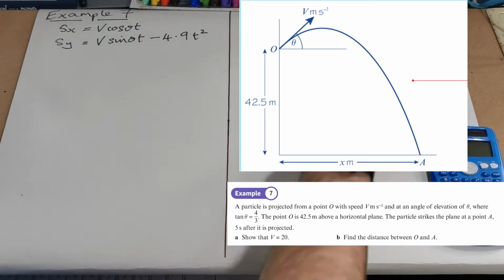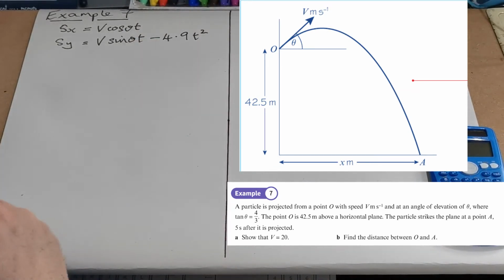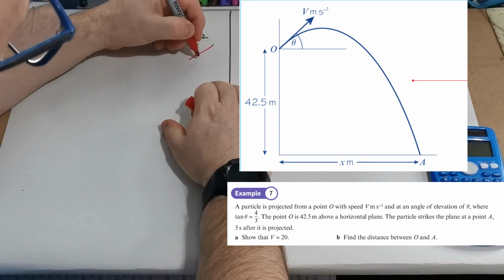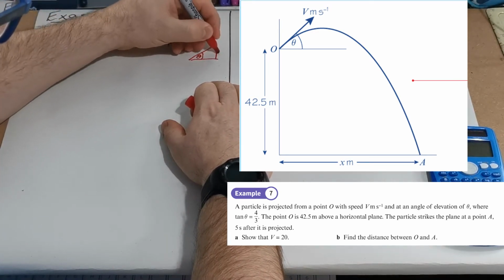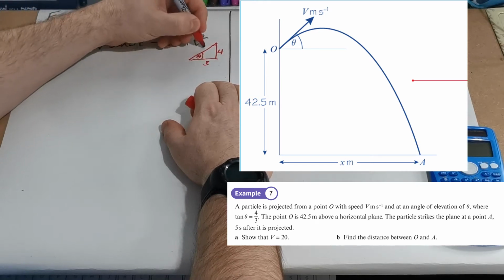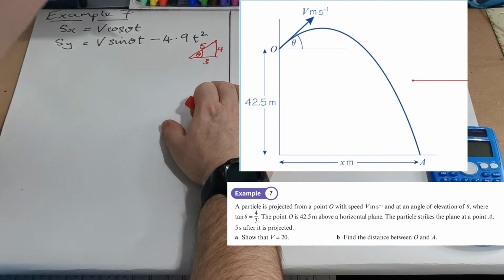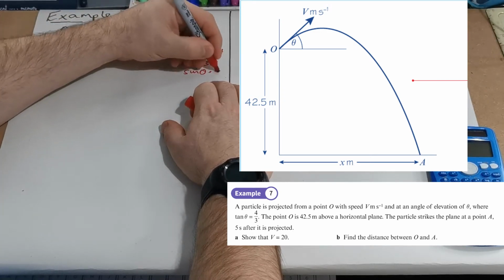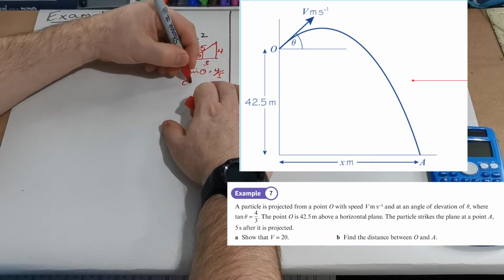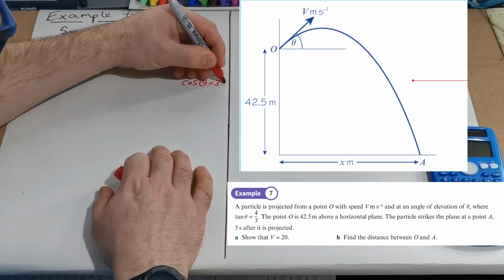Now, some of the first clues that it gives us, it tells us that tan theta equals 4/3. I'm going to look at a little right angle triangle here. Tan theta is 4/3. Well, that's a 3, 4, 5 triangle. So that means that sine theta is equal to 4/5 and cos theta is equal to 3/5.